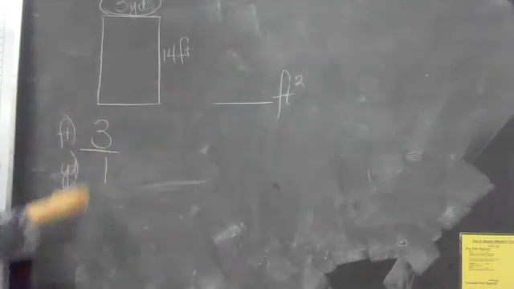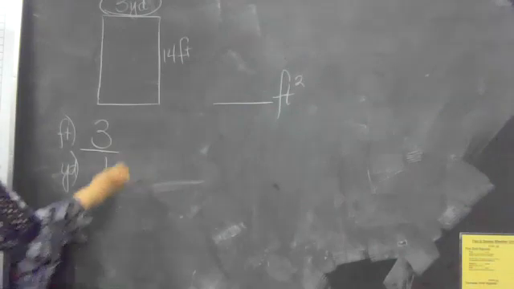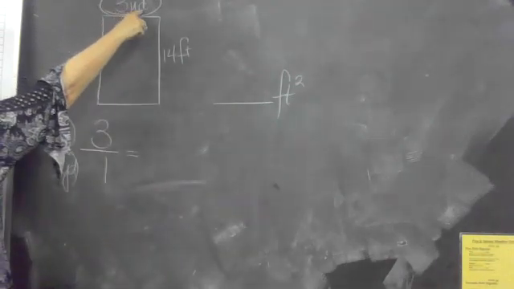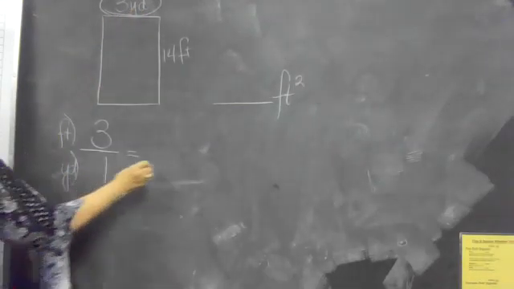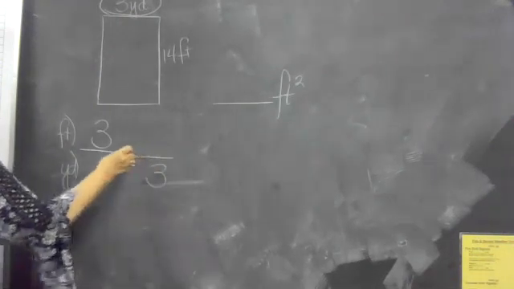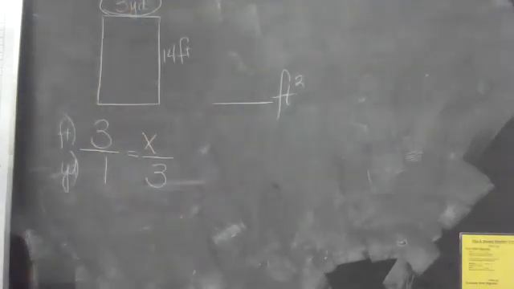This is what I know for sure. It's written there and it's been that way for a long time. Then I look for the one that I need to change. I need to change this and it needs to go in the yards place. Here's the yards place. So the 3 has to go here. And so the feet that we're trying to find is X.